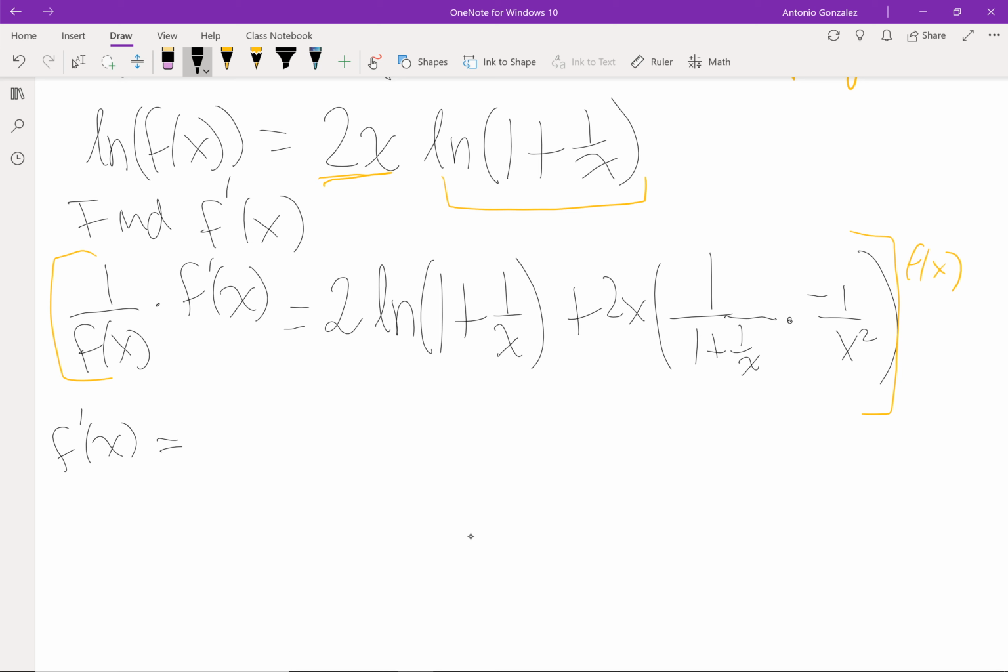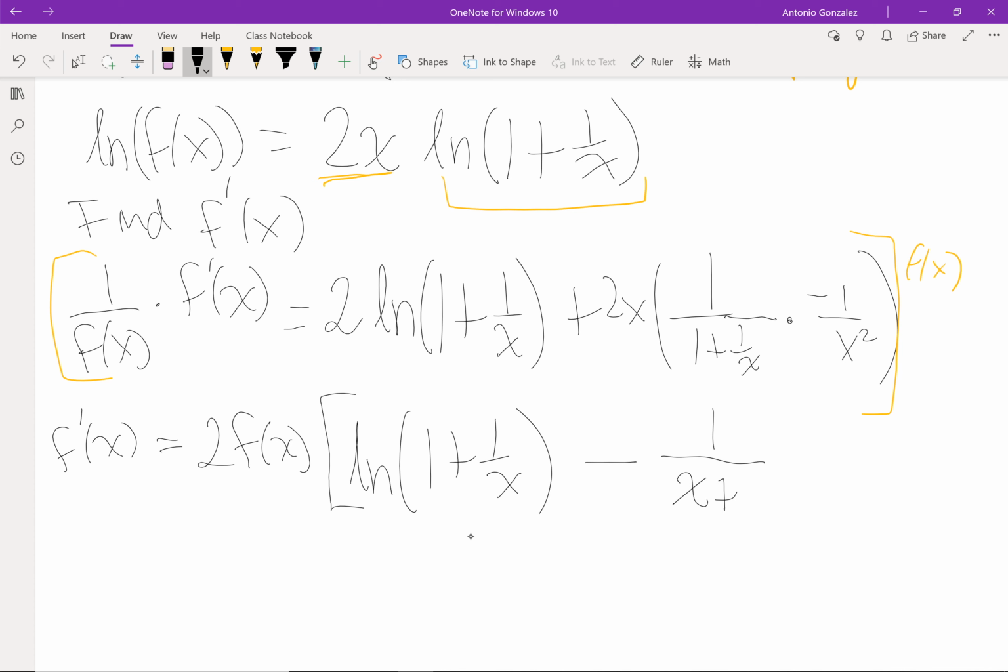I'm going to factor out the 2, since they both have a 2, and since I've now multiplied by f of x, and then in the brackets we'll have natural log of 1 plus 1 over x, and in here the algebra: we have minus the 2 I factored out, the x over x squared, so one of the x's simplifies, and then I'll multiply the other x in the denominator with that denominator there, and we're left with x plus 1.